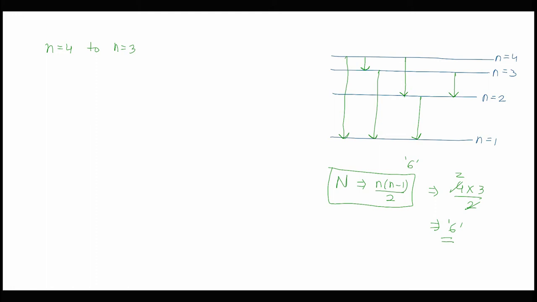Over here we can calculate it in very simple terms. The energy corresponding to the fourth level is going to be equal to minus 13.6 Z square by n square. Using this formula we can write it as minus 13.6 times 1 upon 4 square, and on calculation we obtain it as equal to minus 0.85 electron volt.